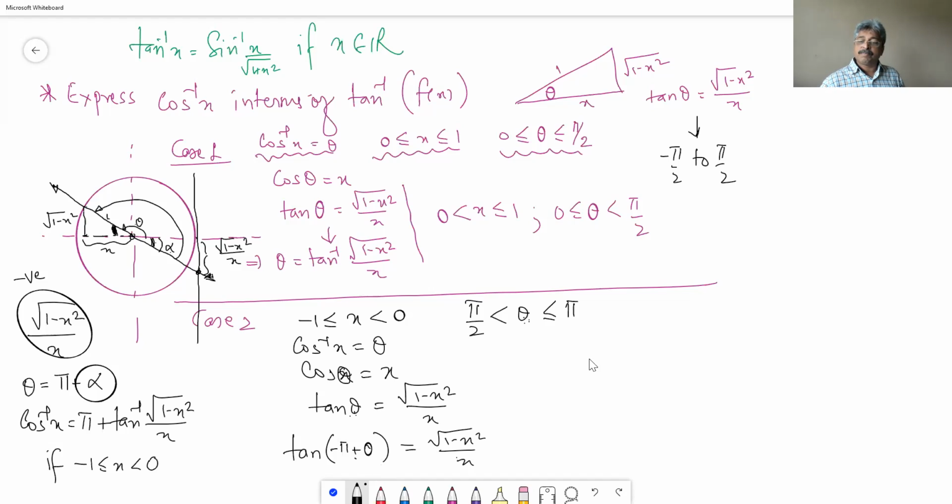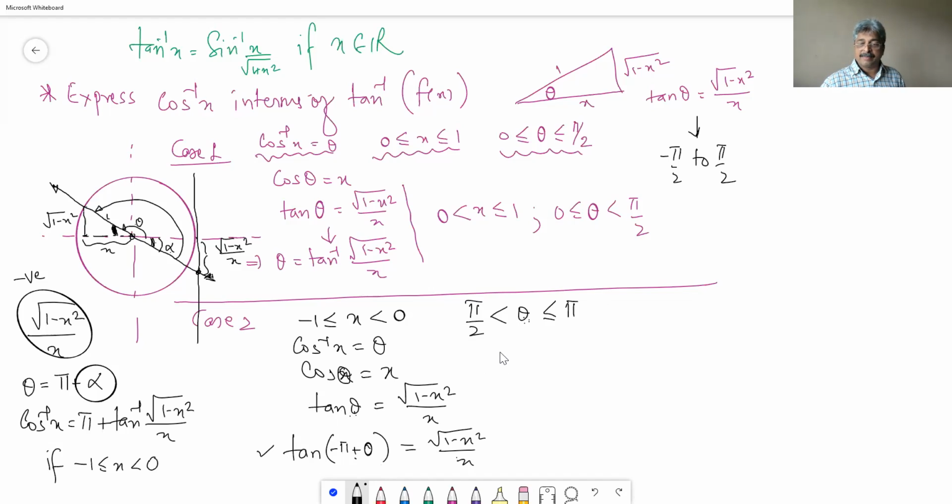So minus pi plus theta. If we subtract pi from here, first of all, is minus pi plus theta equal to tan theta? Oh, so this is trigonometrically correct. Now the only thing we have to check is the range.